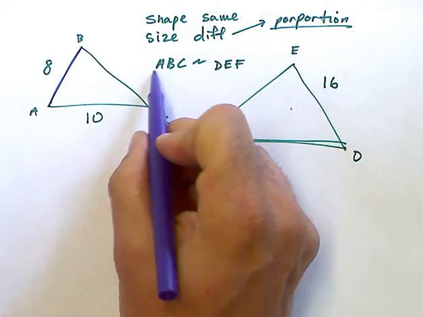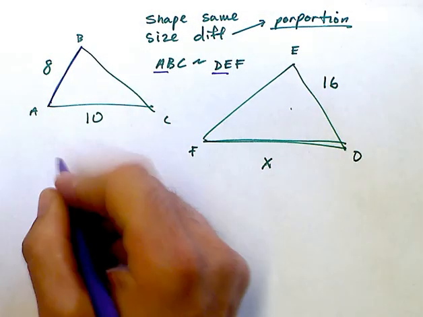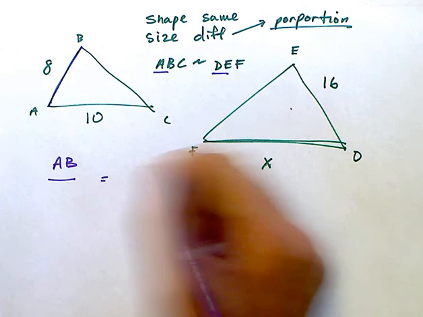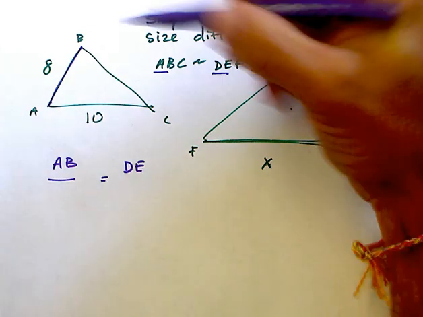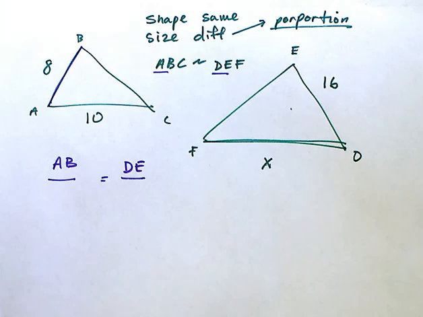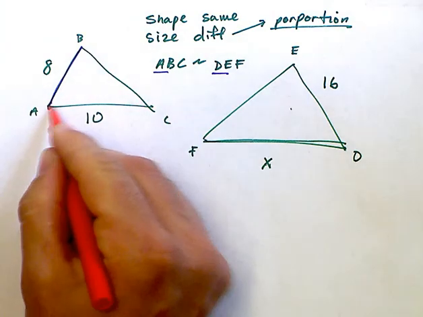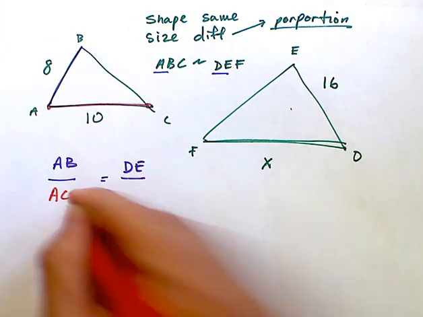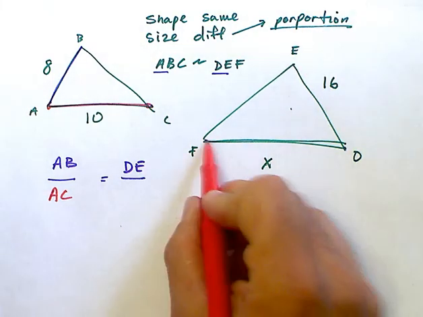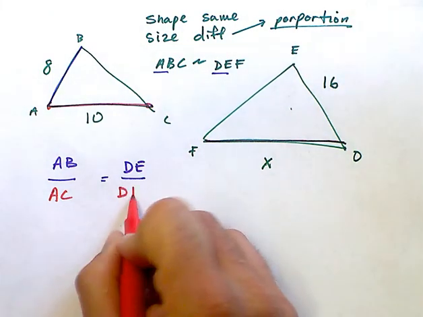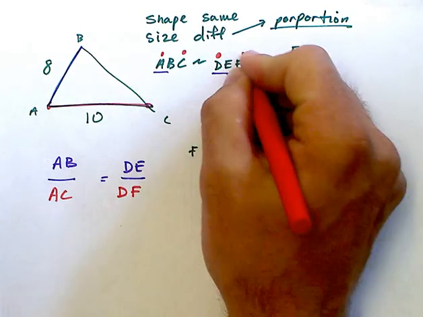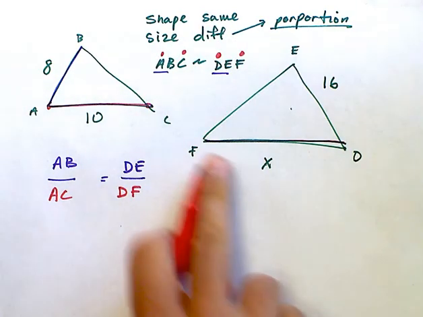AB is similar to DE. So if I'm setting up my proportion, I'll put AB and DE on the top. Because basically what we're saying is the ratio of AB to AC will be the same as the ratio of DE to DF. Now if you see my AC, my first and last, match up with my first and last of the other triangle here in my similarity statement.